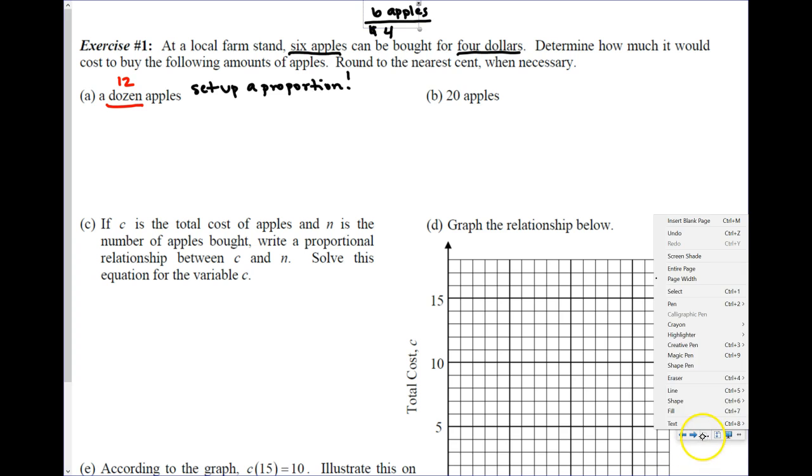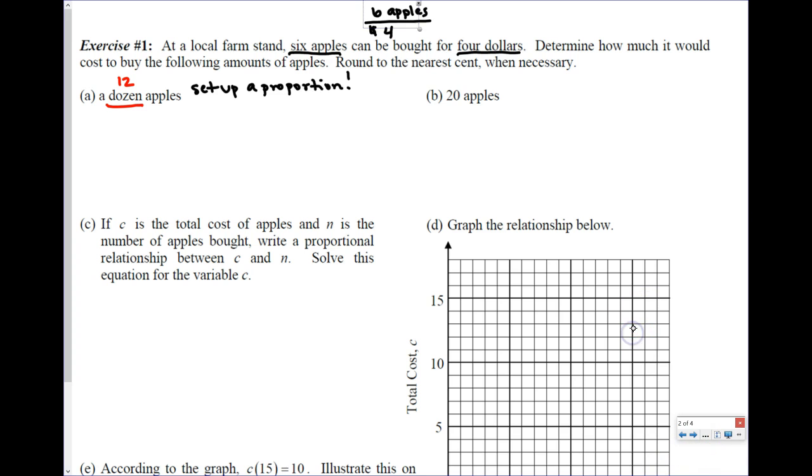So when I do letter A, I'm going to use that proportion to help me figure out the cost of a dozen. So I'm going to have 6 apples cost me $4. That has to be the same thing as 12 apples costing some unknown cost. I don't know how much it costs to get 12, so I'm going to make that x.